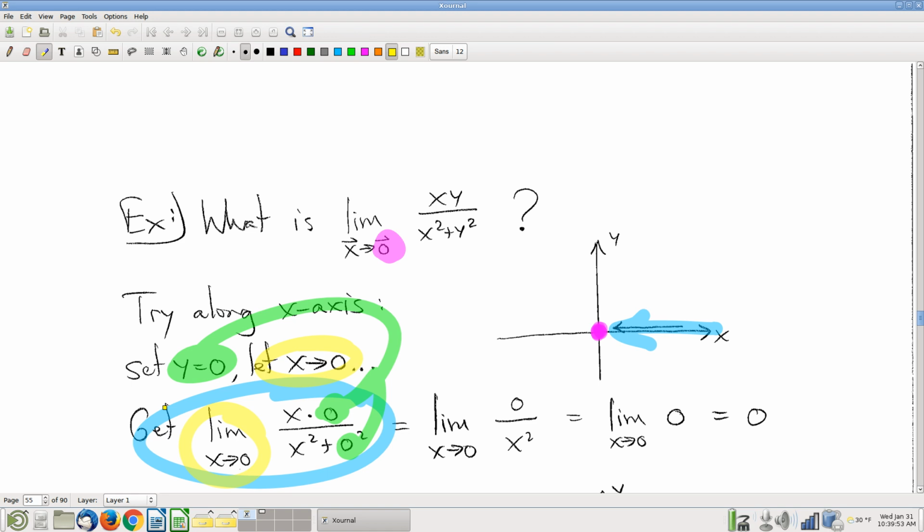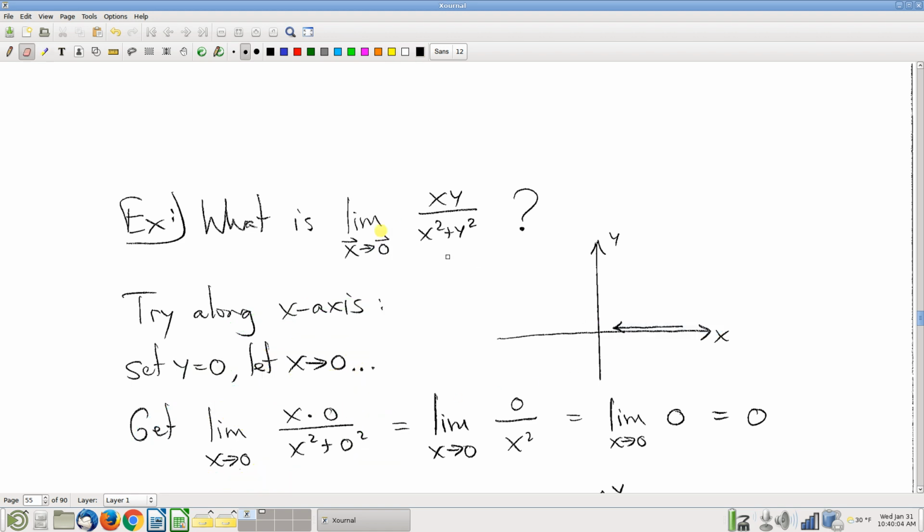I can just say, well, the x coordinate just needs to approach 0. And I find myself back in familiar territory of single variable calculus. This is a Calc 1 single variable limit, and you just compute that limit by usual means.